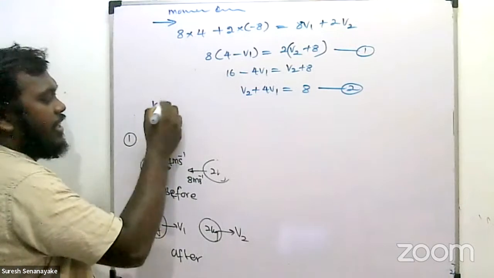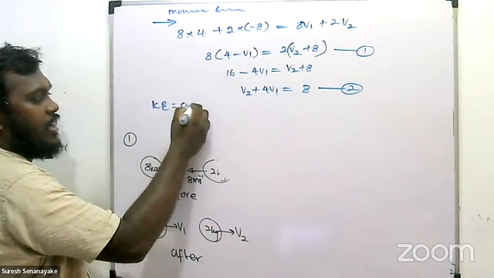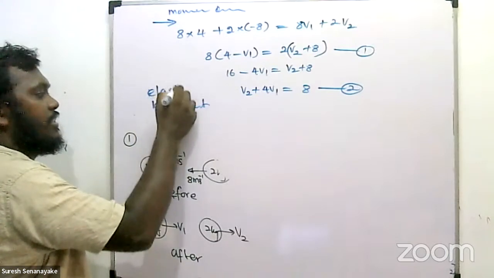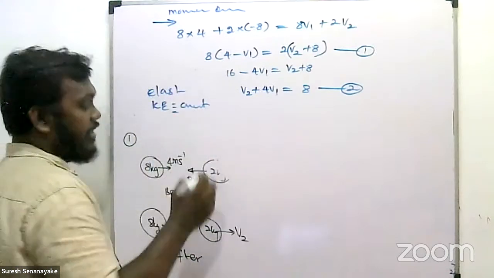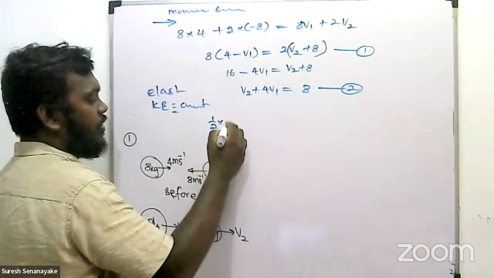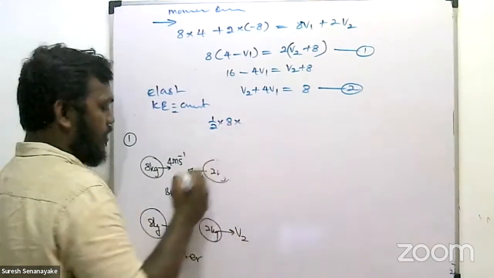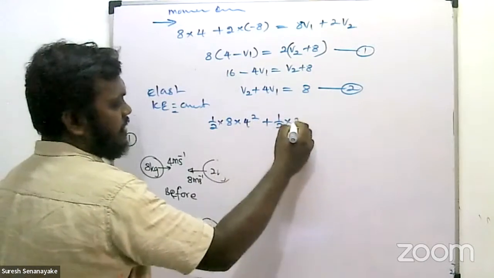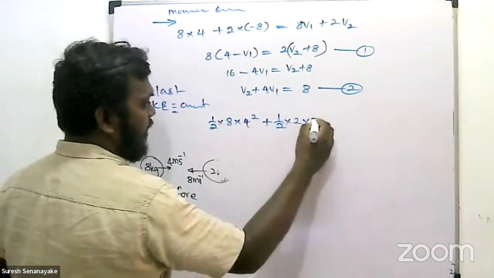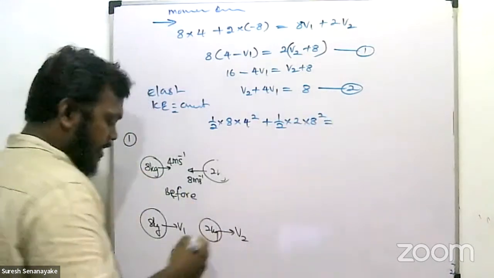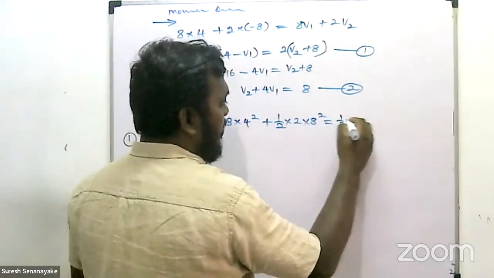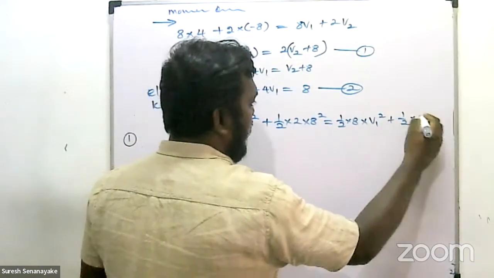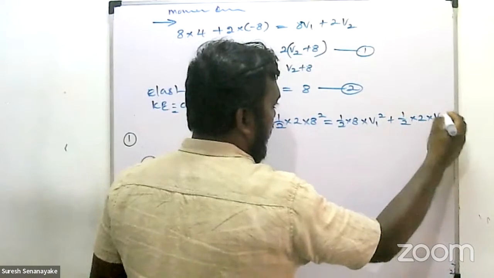Then use the kinetic energy conservation, because the kinetic energy is constant for an elastic collision, and the given collision is elastic. The energy of the first body is half into mass 8 and speed 4 squared, and the second body half, the mass is 2 and speed is 8 squared. After the collision, half the mass 8 and v1 squared plus half the mass 2 and v2 squared.